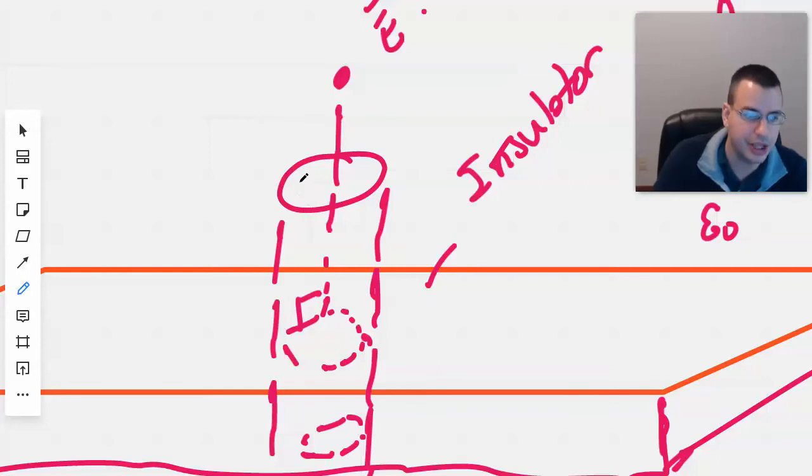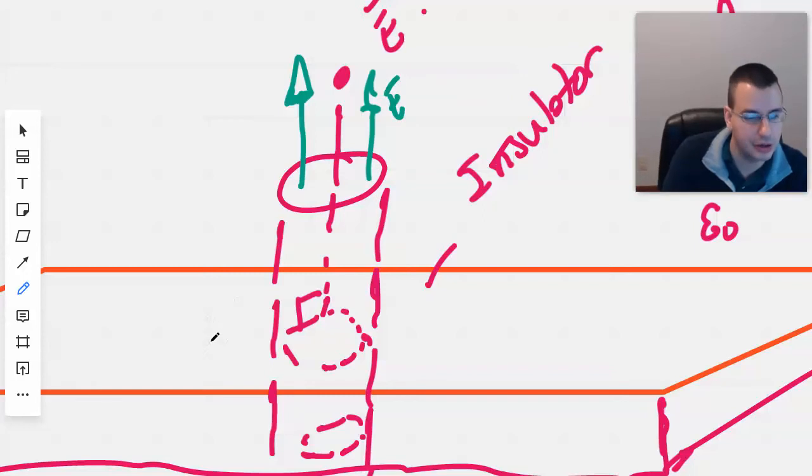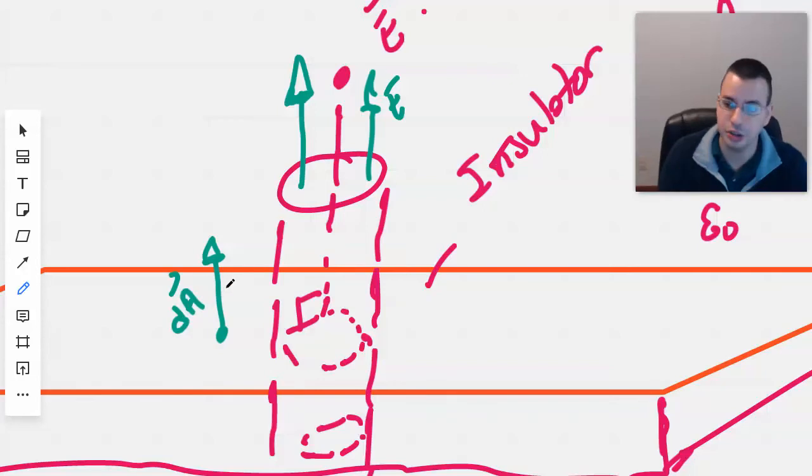So now that we know that the electric field is going to be straight up, we're going to draw it like this. This will be electric field. I'm going to draw the area. So dA vector is going to go up so that the electric field going up and this one are parallel.